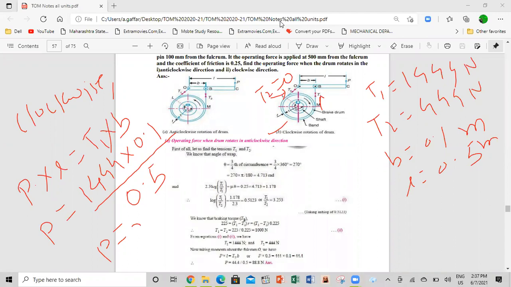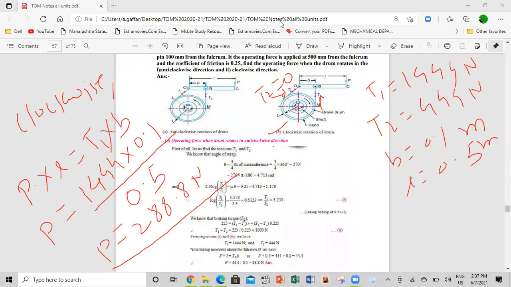288.8 Newton. Okay, right answer. This is a simple problem for finding the operating force. In a problem, we may also be asked to find the braking torque, or the tension in the slack side T2 or the tension in the tight side T1.